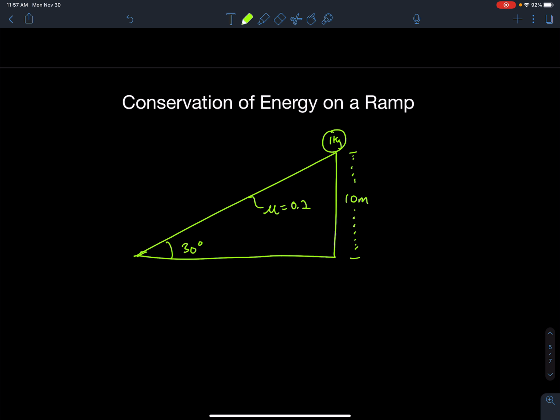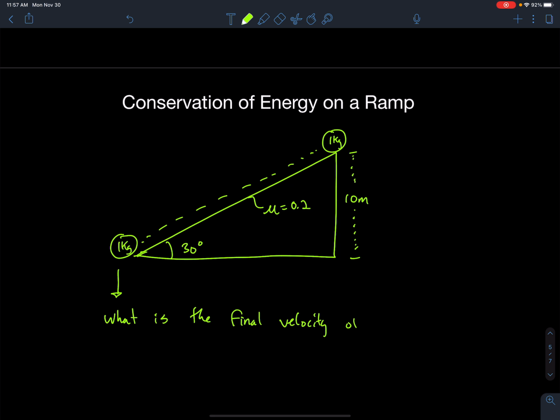What if I asked you a question that asked you to calculate what the final velocity, so what is the final velocity of the ball after it rolls down the ramp?